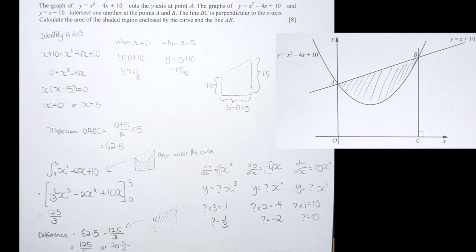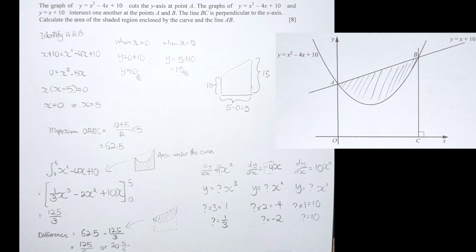So the anti-differentiation of x squared, I've written down at the side, my dy dx I set as 1x squared, y equals unknown times x cubed. Why is it cubed? Because the power of the previous term must be bigger than the differentiated one. So unknown times 3 equals 1. So my unknown here after the calculation will be 1 over 3.